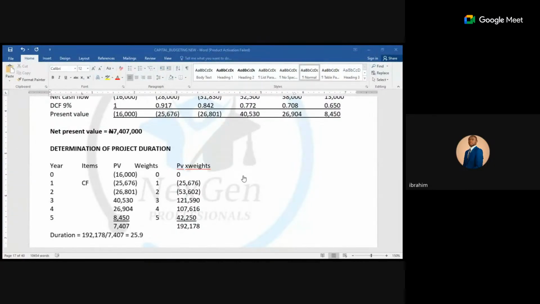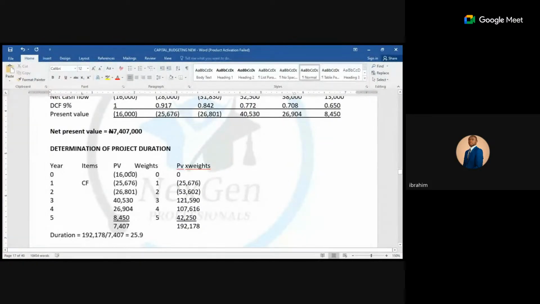You should not forget what we normally use to determine the duration. Okay, remove 16,000, 16 million. If you remove 16 million from this part, what do you have? We have eight years, approximately.